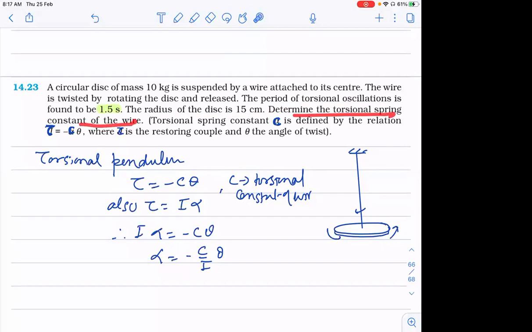तो इन्होंने क्या किया, थोड़ा सिंबल्स मिक्सअप कर दिया अगेन. टॉर्शनल स्प्रिंग कांस्टेंट उन्होंने अल्फा दे दिया, अल्फा इज एंगुलर एक्सेलरेशन, तो देयरफॉर आई एम चेंजिंग इट टू C. ठीक है, इस वायर का टॉर्शनल स्प्रिंग कांस्टेंट इज C, इज डिफाइंड बाय द रिलेशन. व्हिच रिलेशन वी डिफाइन इट? लेट अस सी व्हाट इज ओरिजिनली रिटन हियर. J is equal to minus alpha theta, where J is the restoring couple.